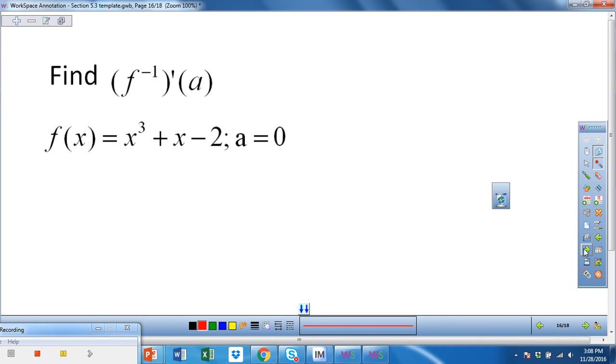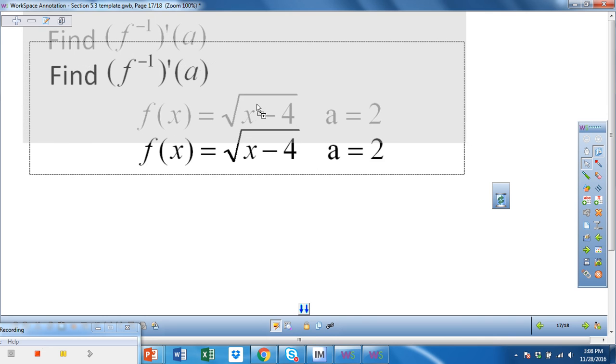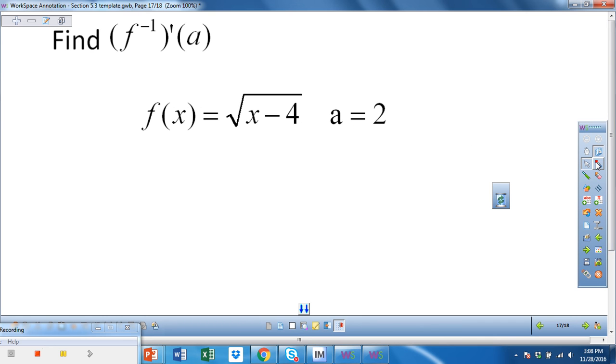So, I think you could do that problem, but I want to show you something on this problem. What I want you to see is that on this one, I can use both methods. I could find the inverse of this.